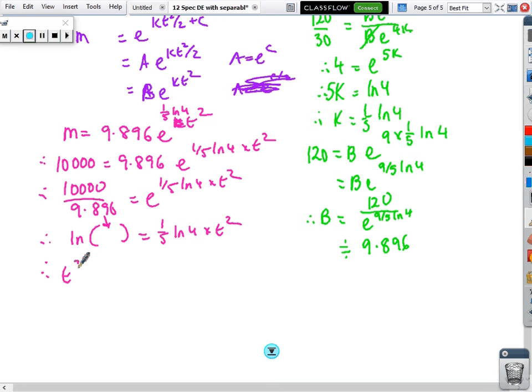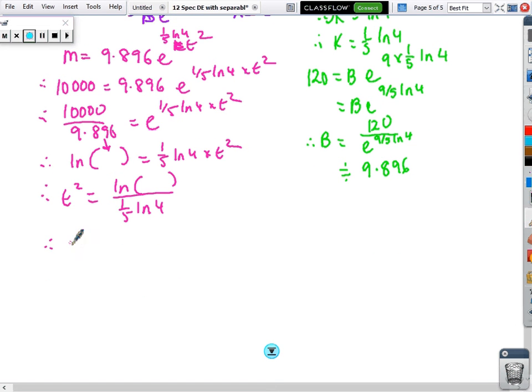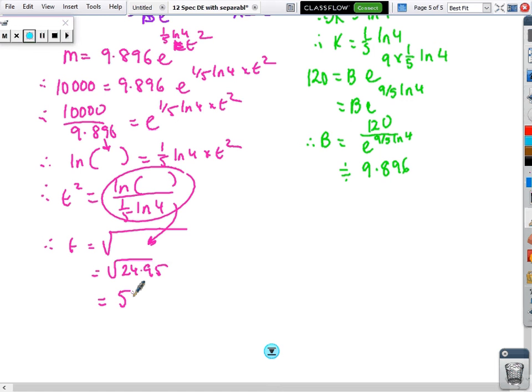So t squared equals log of whatever that number was divided by 1/5 log 4, and t will equal the square root of that number, and from my approximation it was 24.95, and so we just take the positive, so it's about 5 weeks.